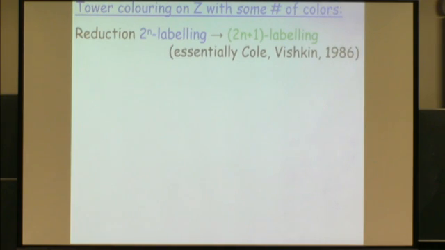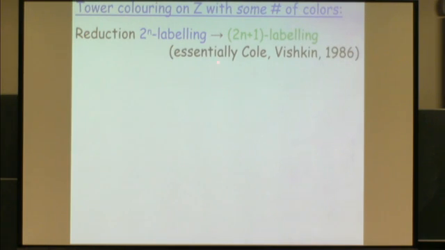A lot of these ideas have been studied before in the computer science literature, motivated by applications in computer science, and what I'm about to tell you now is essentially something that was found by Cole and Vishkin in 1986. And it's difficult to translate the results in some of these papers directly to the form we want, because somehow the focus is very different for these computer scientists, but essentially it's the same argument.